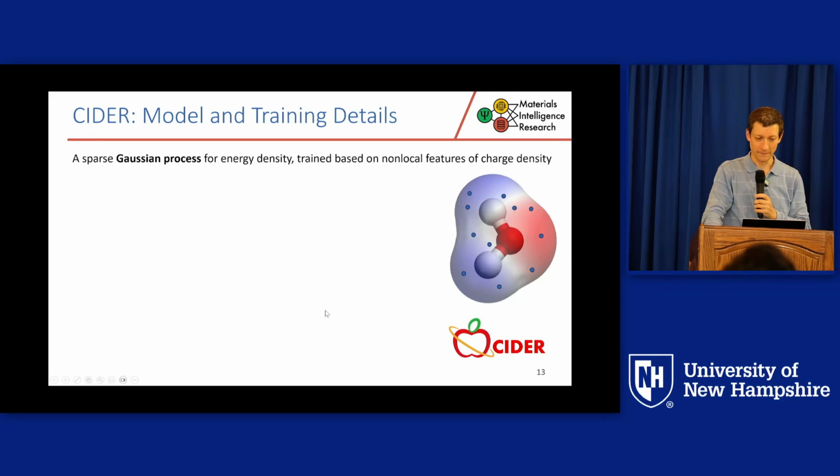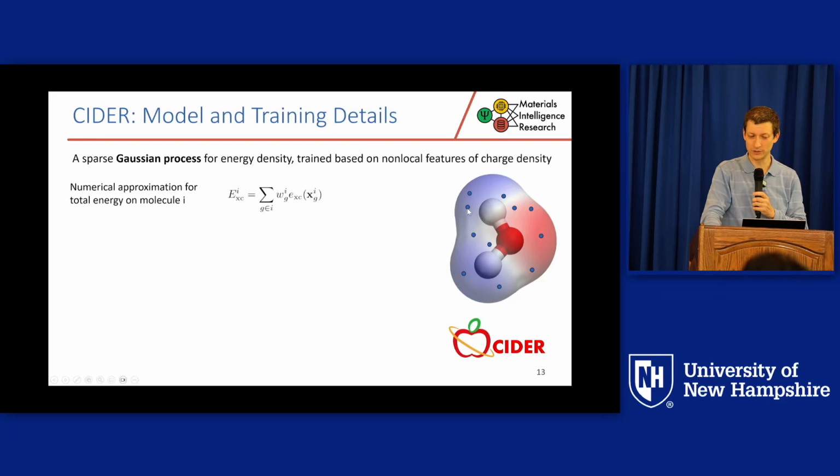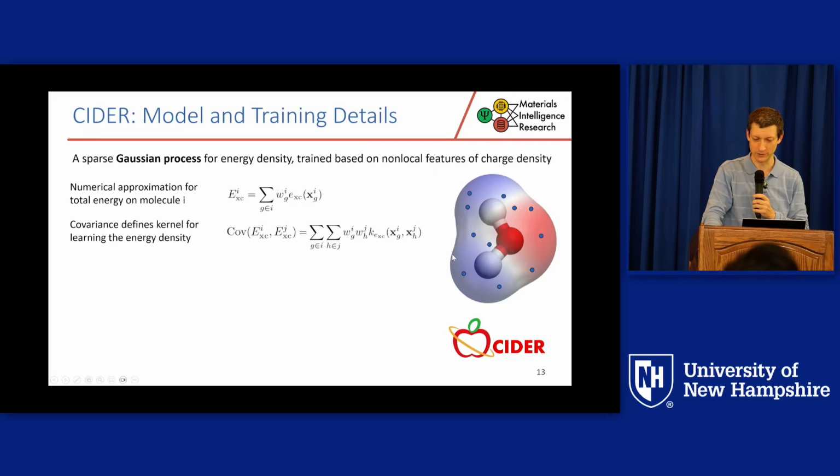So we have this Gaussian process, which basically is supposed to predict at each point in space what the contribution to the exchange correlation energy is, and then you sum it over all of space. So this is, for instance, a cloud of electrons, and then you have these points which you pick up contributions from. Then you can compute all these covariances from the kernel functions.